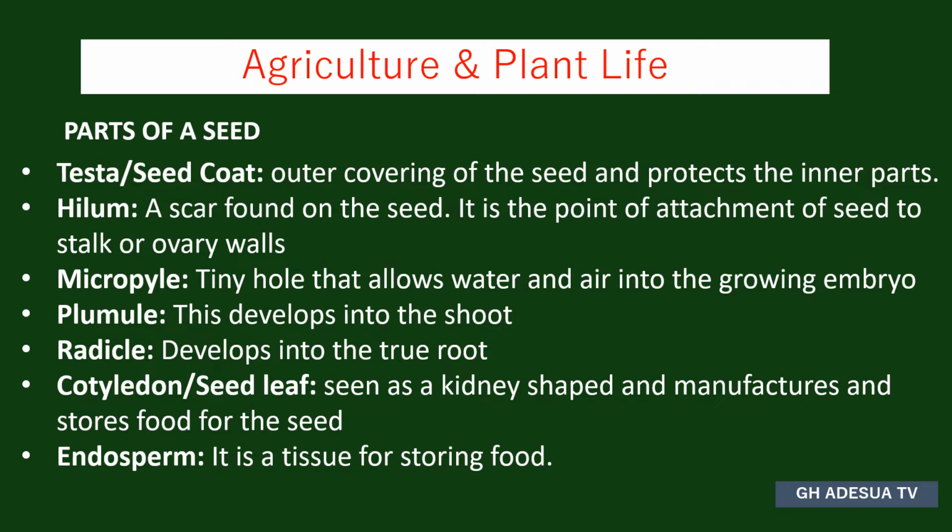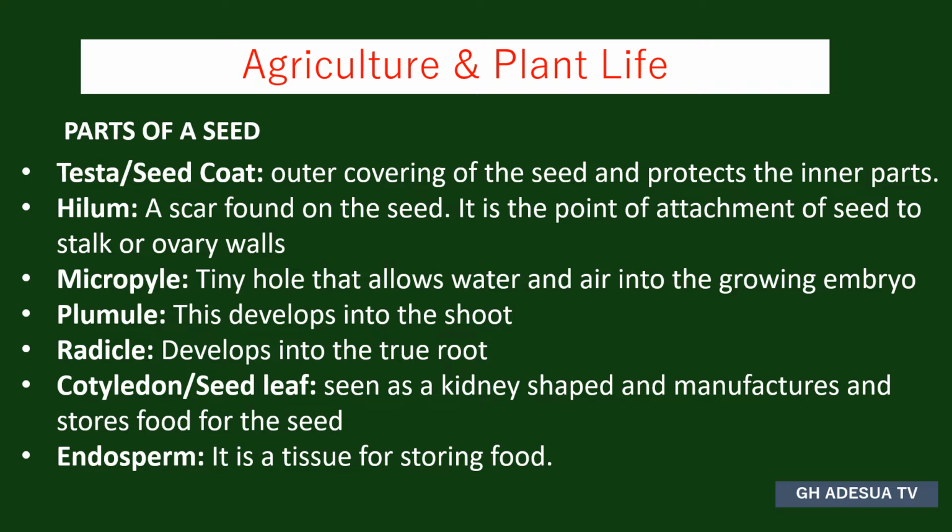Then we have the cotyledon or the seed leaf. Now this is seen as a kidney-shaped part of the seed, and it manufactures and stores food for the seed. So take the bean seed. You can split it into 2 halves.